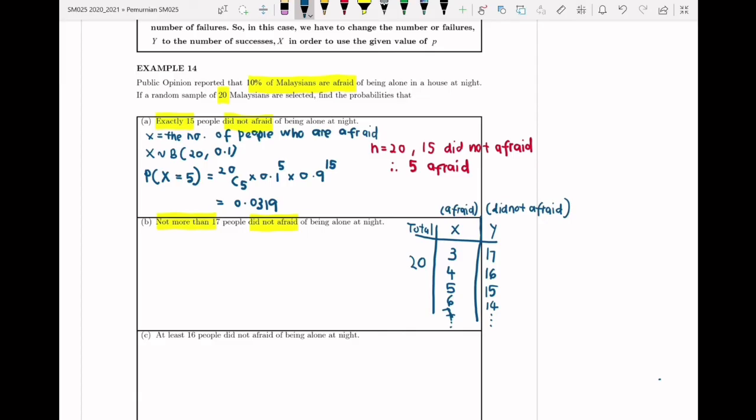So we need to find the probability X greater than or equal to 3 people who are afraid. So we will still use this table, n equals 20, p equals 0.1. From the table, P(X greater than or equal to 3) is equal to 0.3231.